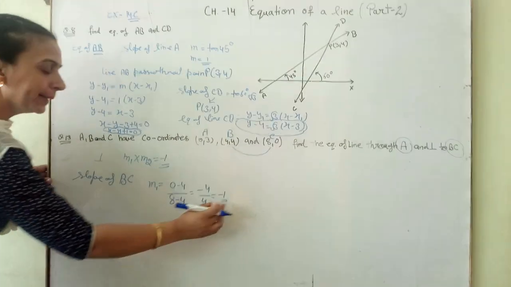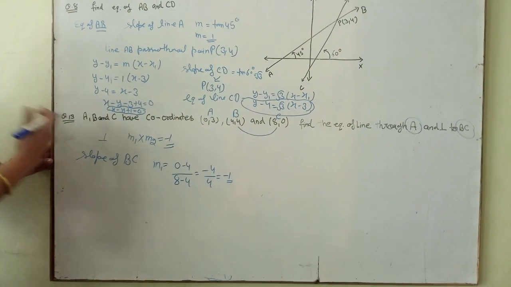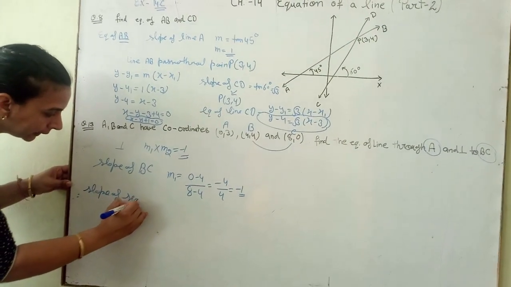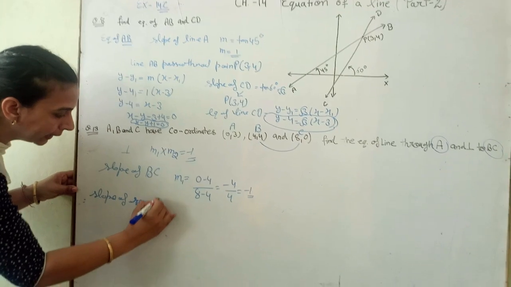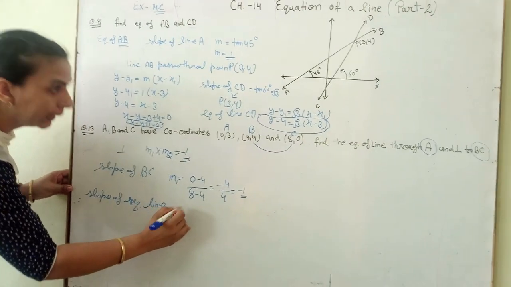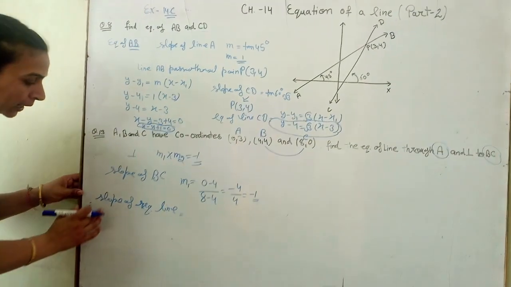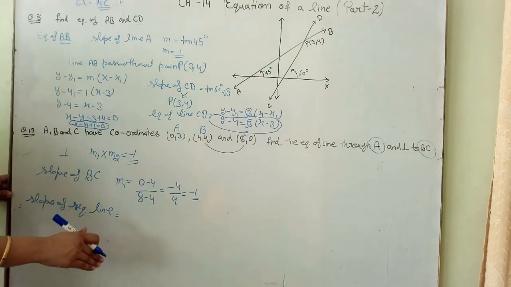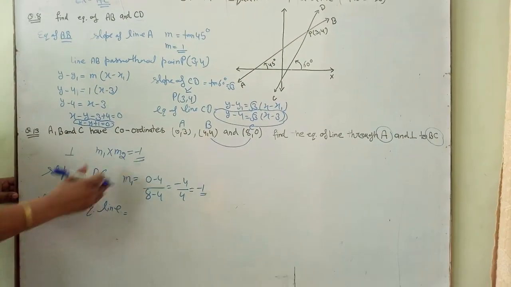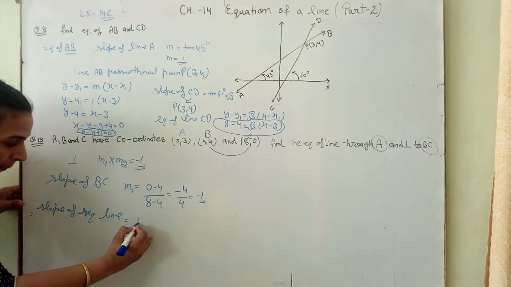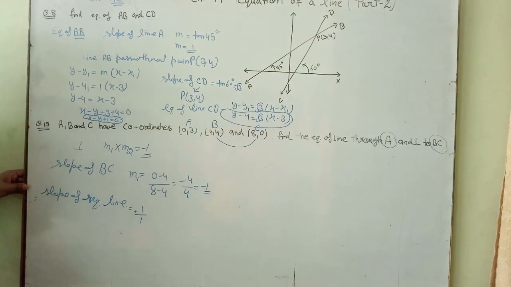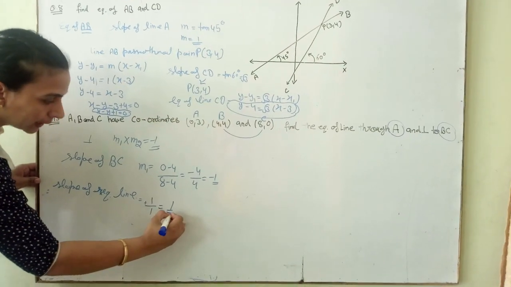Slope of BC is minus 1. Now the slope of the required line: we take the reciprocal of this slope and change the sign. Minus 1 by 1, and changing the sign, it equals plus. Slope equals plus 1.